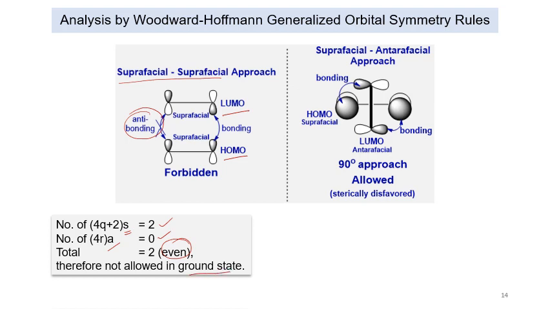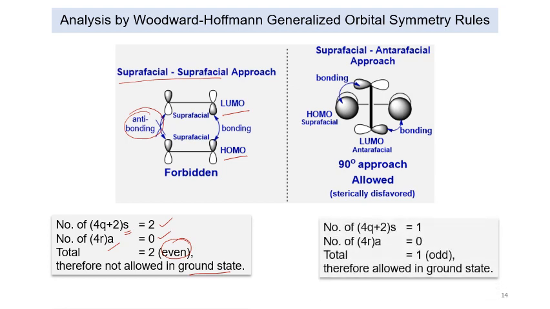Alright. In the suprafacial antarafacial approach, we can see here that there is one 4q plus 2 supra, where q is 0, and 4r antara is 0. Therefore, the total number is 1. The number is odd. Therefore, this is allowed in the ground state. But obviously, we have seen that this is geometrically and sterically disfavored.